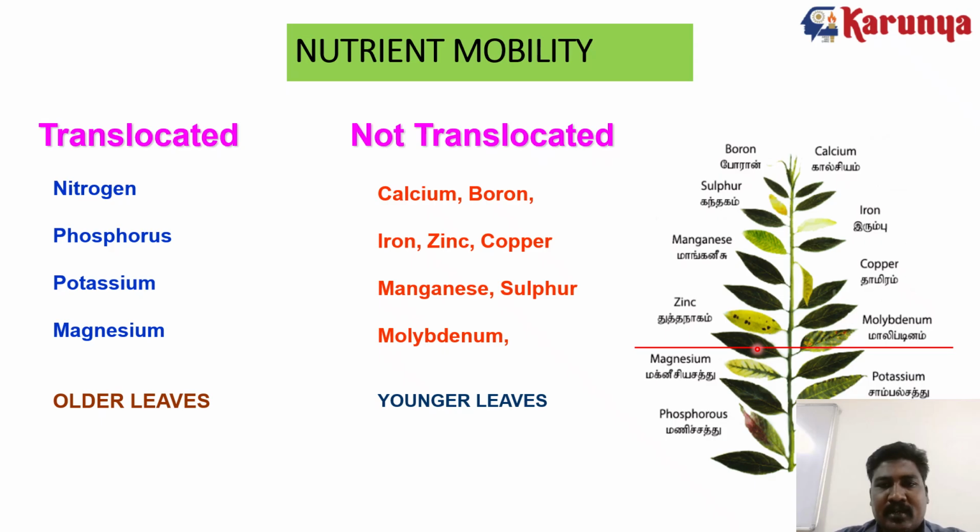And some nutrients are not translocated to the upper part of the plant, such as calcium, boron, iron, zinc, copper, manganese, sulfur, molybdenum. Their availability to the plant is very less, and their mobility is also very poor in the plant. So the deficiency symptoms appear in the upper part of the plant or younger leaves.